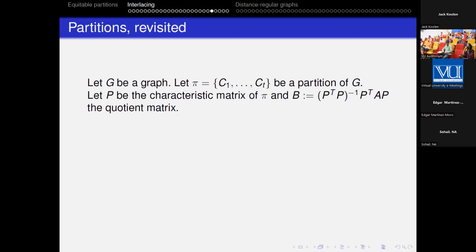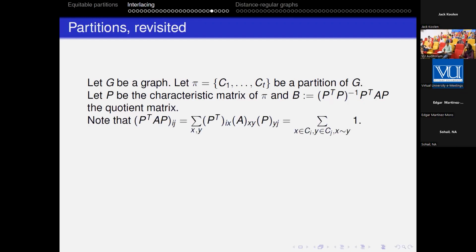So we look at P, and now we define, like in equitable partitions, the quotient matrix, so that's P transpose P inverse P transpose AP. That was the quotient matrix of an equitable partition. Now we define that for any partition as the quotient matrix. We can do this. Yes, you get this number.